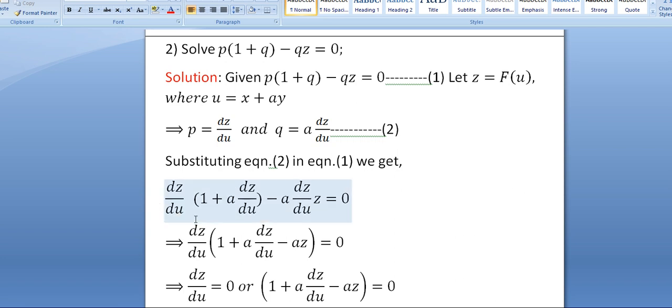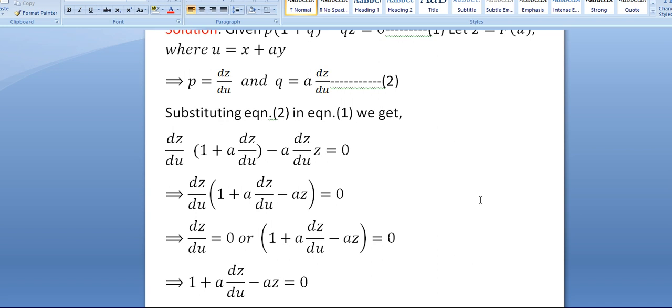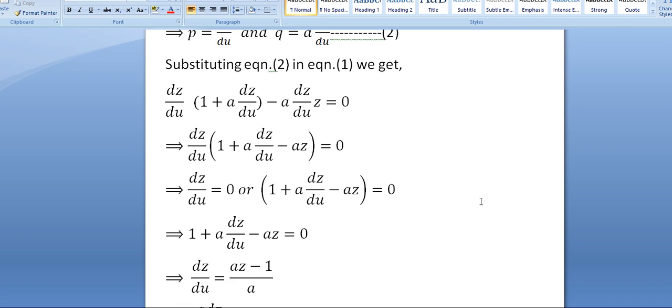In these two terms, I can remove dz by du as a common factor. Then the leftover term here is 1 plus a dz by du minus az is equal to 0. So either this must be equal to 0 or this term must be equal to 0. If dz by du is equal to 0, then z will become a constant which cannot be a solution.